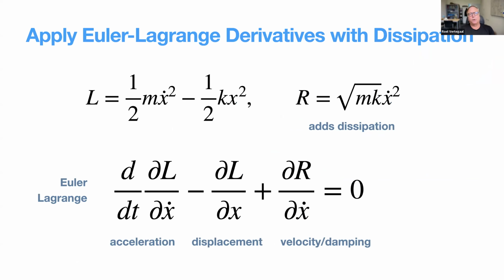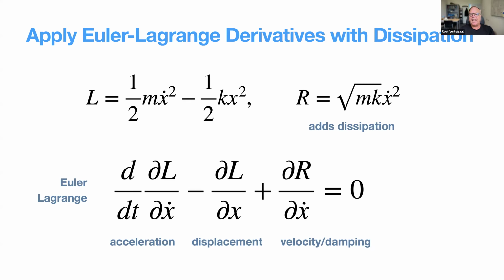So we need to apply the Euler-Lagrange equation to the Lagrangian. And we also need to add dissipation. Why? Because unlike a pendulum, we don't conserve energy. We lose energy quite quickly because we want to stop towards the 0 point of the action.